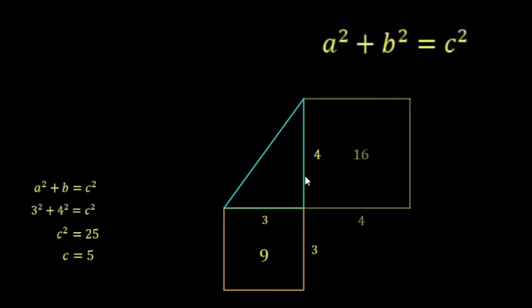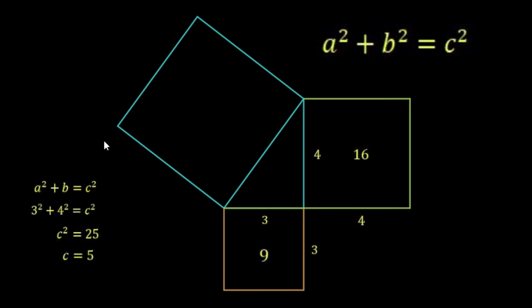So we're going to have 4 by 4, and this will give us a square of area 16. Now if we were to take this other side here, now we know that the length of this side now is 5. So if we square this side, we're going to have another square here, and the area of this should be 5 by 5, which is 25.